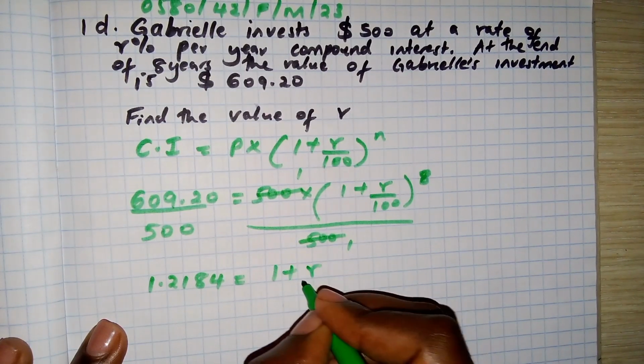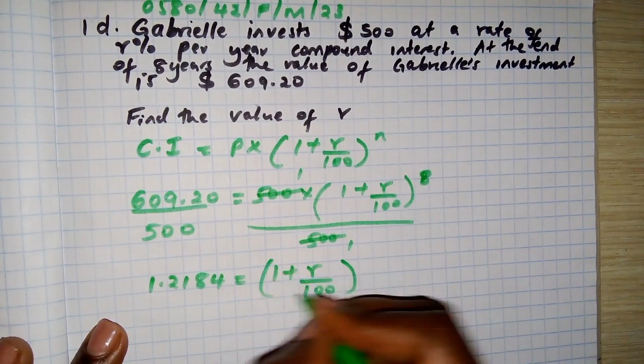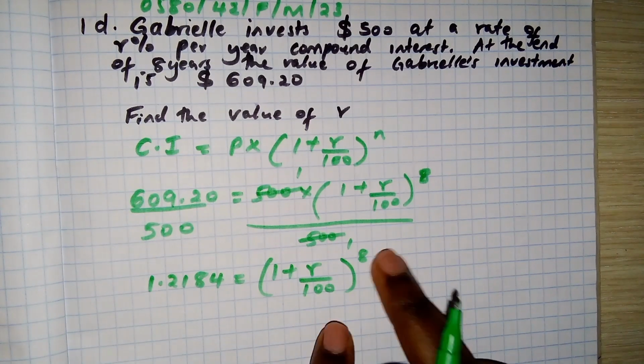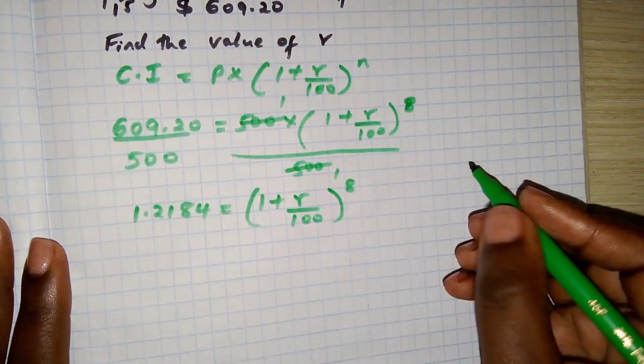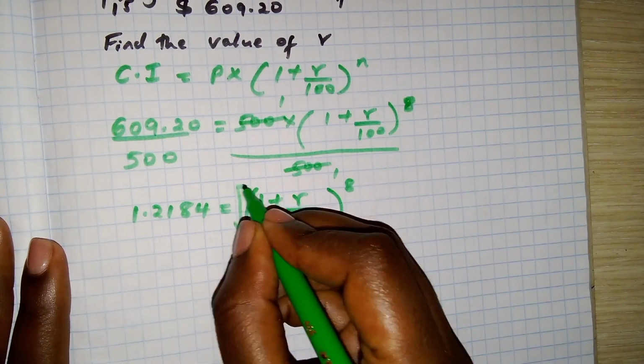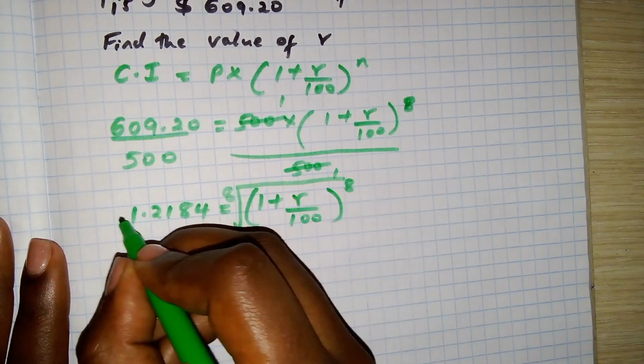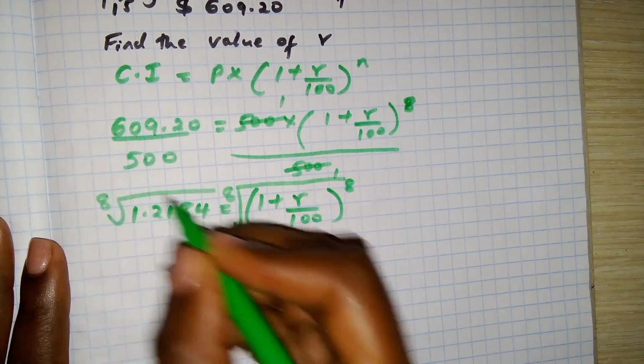So 1 plus R over 100. The next thing is we have power 8. So the opposite of power 8 would be the 8th root. So on both sides you do the 8th root.